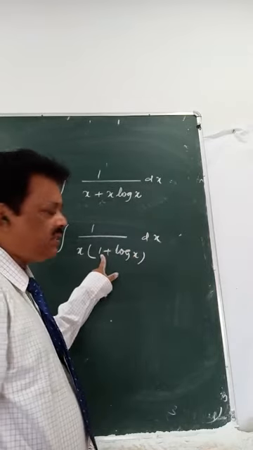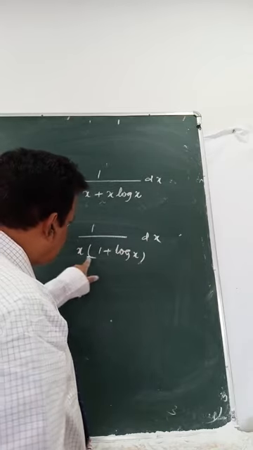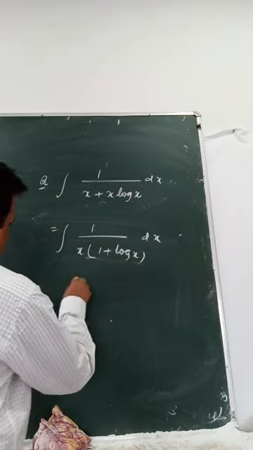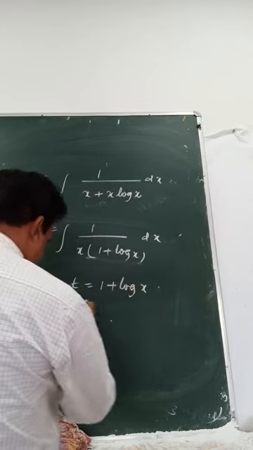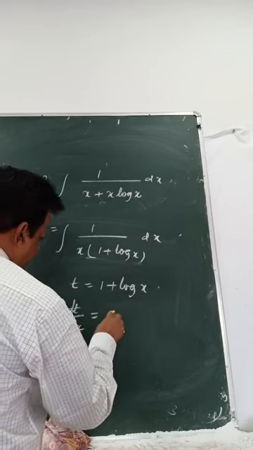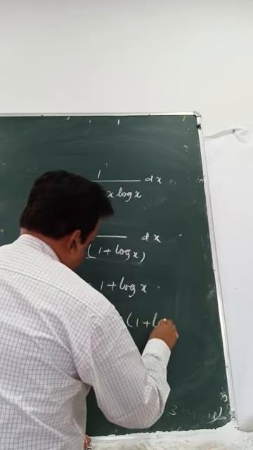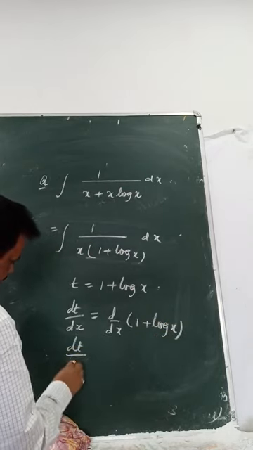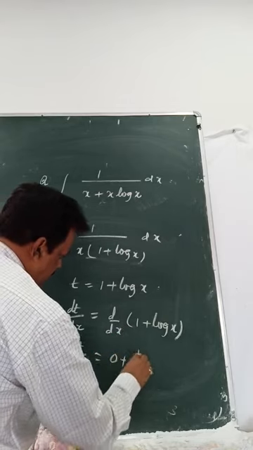The derivative of 1 is 0, of log x is 1 by x. That means I can take this one as t. So t equals to 1 plus log x. dt by dx equals d by dx of 1 plus log x. dt by dx is derivative of 1, which is 0, plus 1 by x.